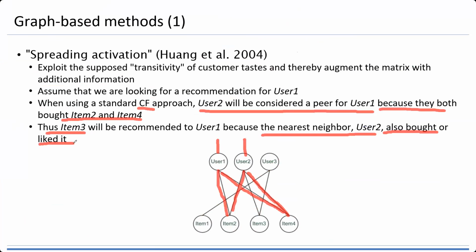How about user 1? User 1 only has item 2 and item 4. And item 3 can be recommended to user 1 because they have some similarity on those two items. So this is the spreading activation.